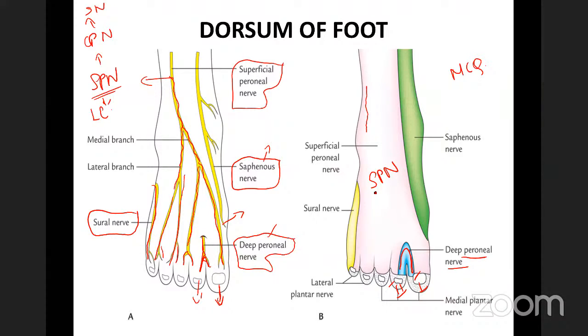As you all can see, majority of the dorsum of the foot is supplied by superficial peroneal nerve. Deep peroneal nerve supplies the cleft between the first and the second toe. The lateral aspect of the dorsum of the foot is supplied by the sural nerve. Saphenous nerve supplies the medial aspect of the dorsum up to the base of the first metatarsal.